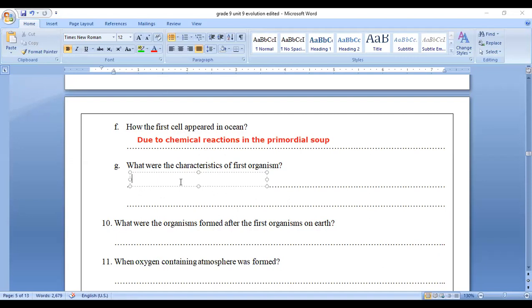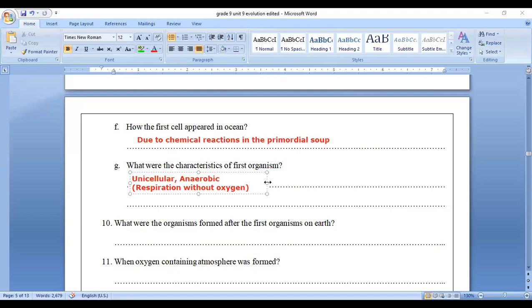What were the characteristics of the first organism? It was unicellular, correct? What is the second characteristic? Anaerobic. Anaerobic means respiration without oxygen.